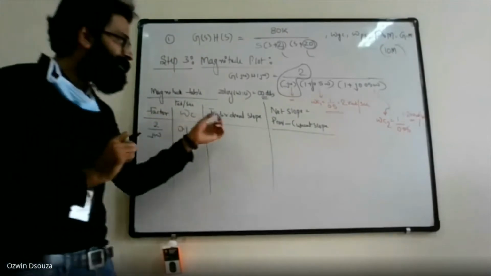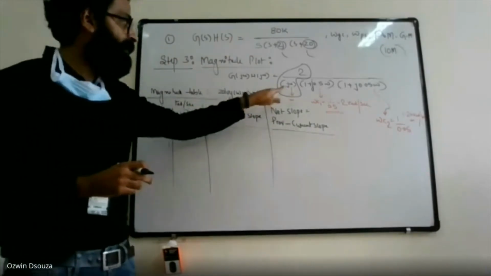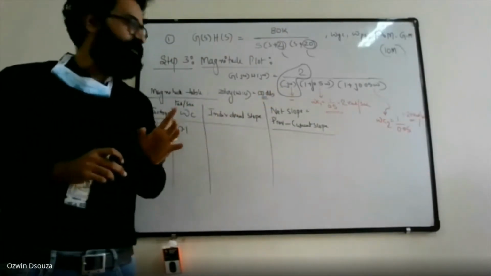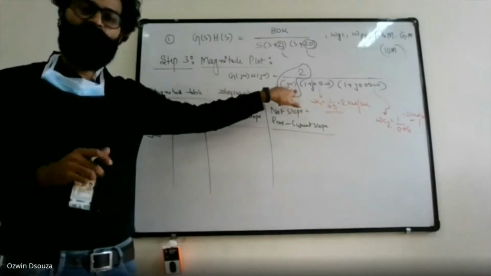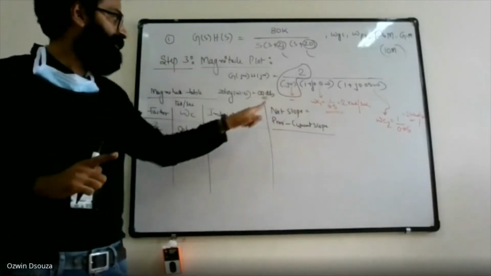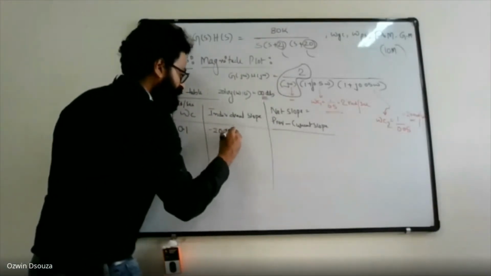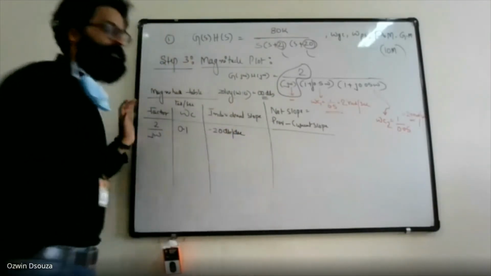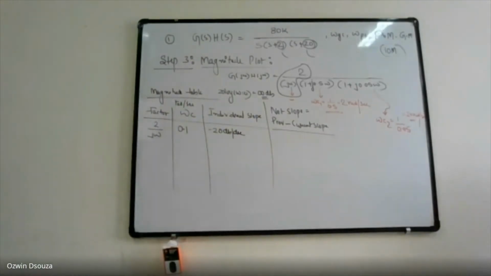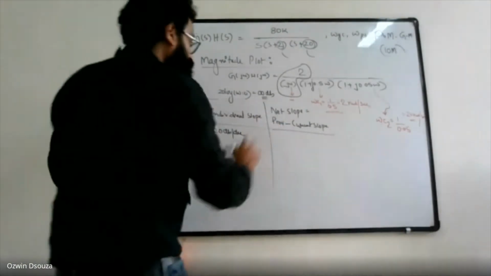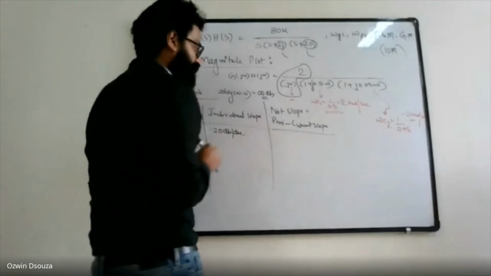Now, coming back to individual slope. What is the slope contribution given by a simple pole at origin? What is the power of this? The power is 1. So, a simple pole at origin gives minus 20 decibel per decade. Right? So, the net slope becomes previous slope plus current slope.